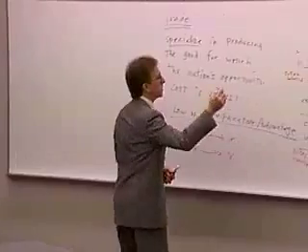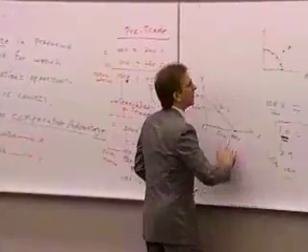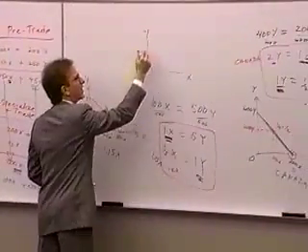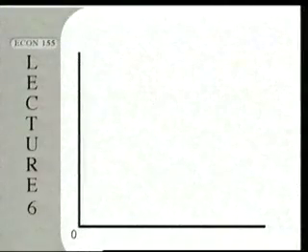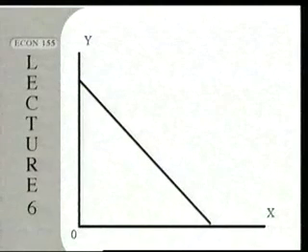Here is the picture. The United States had a production possibilities curve that looked like this, with 100, 200 and 500.